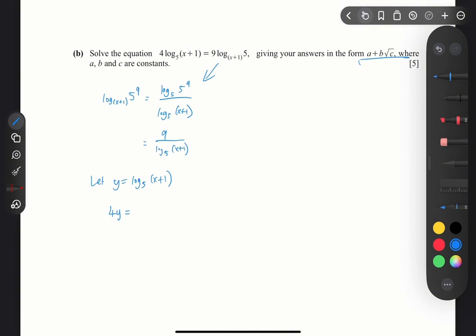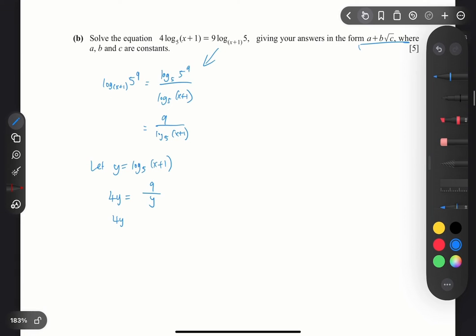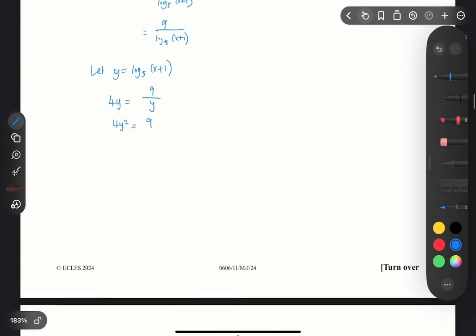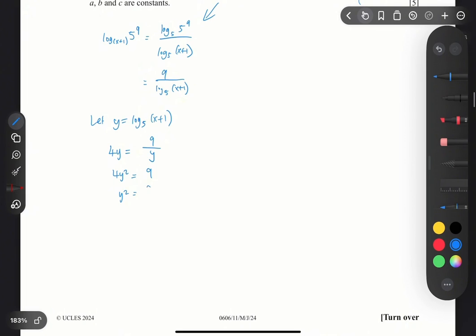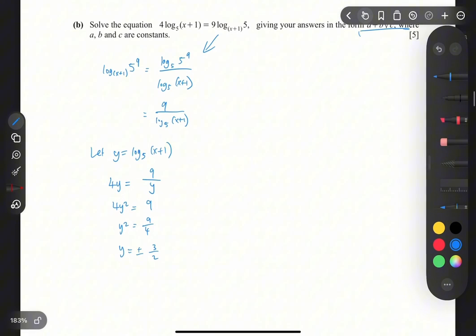So 4y equals 9 over y, and you rearrange. y should be plus minus 3 over 2. So log base 5 of x plus 1 is 3 over 2. Log base 5 of x plus 1 equals minus 3 over 2.